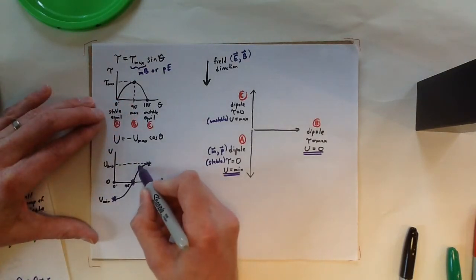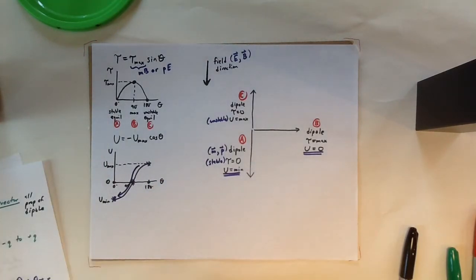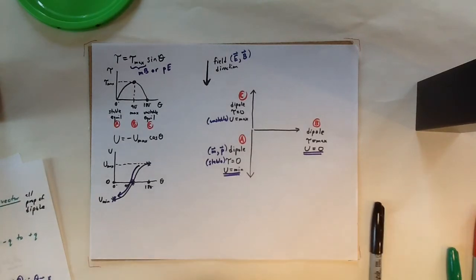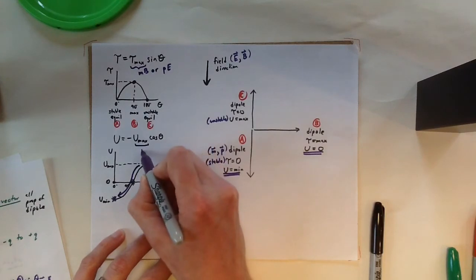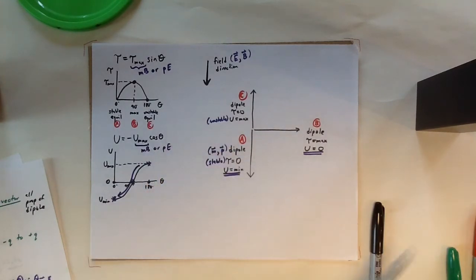So the system wants to go in this direction, towards the lowest value possible. And then this maximum value, again, right here, this is MB or PE, depending on the type of dipole you have.